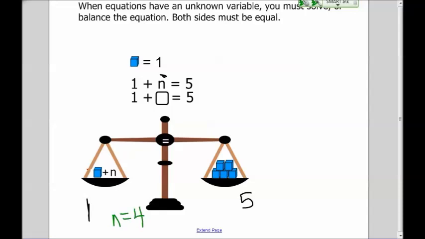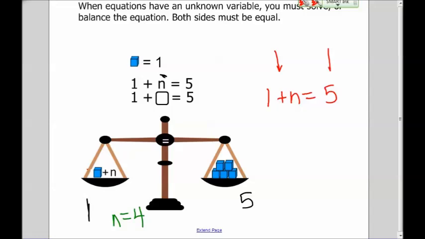Let me show you mathematically how to do it, because there is a math way to solve this problem. The math way is to isolate the n, to get the n all by itself. So it's kind of like fractions. If you do it to one side, you got to do it to the other.